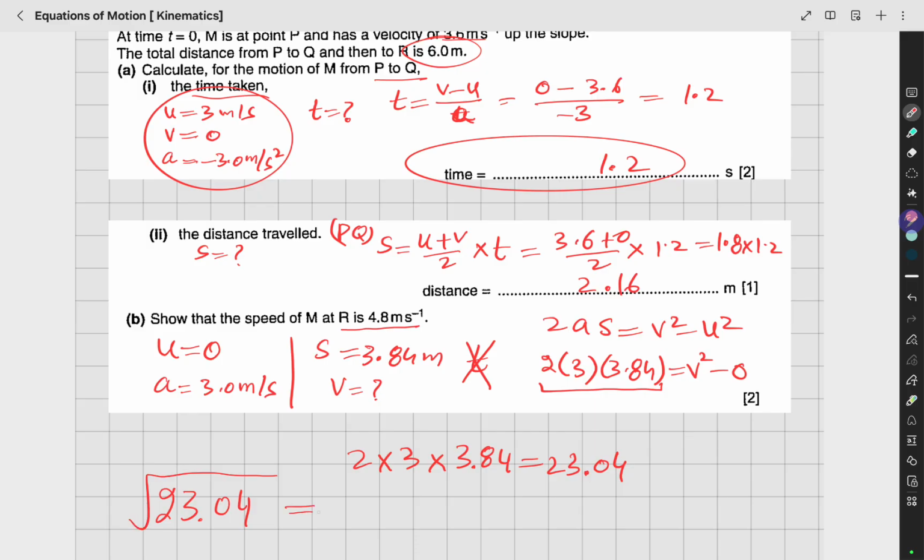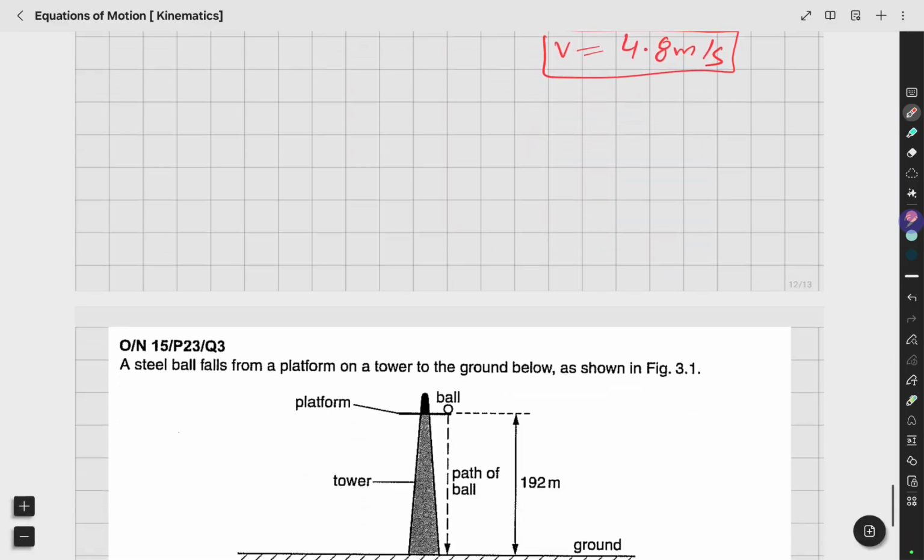It is actually v squared, so you take the square root, and it's the same answer that we have to get: 4.8 meters per second. So that's how you have proved that.